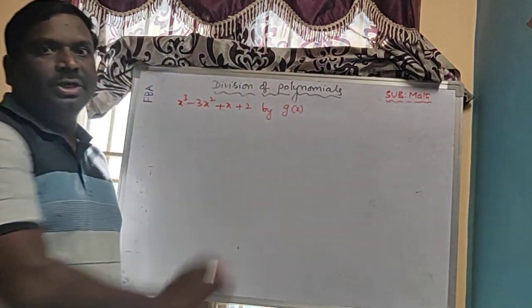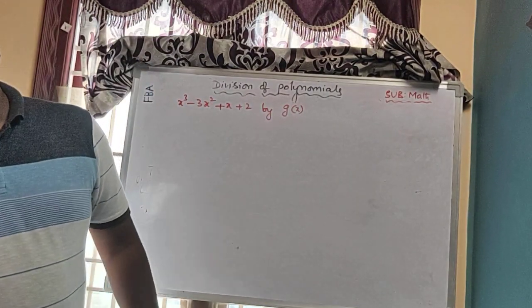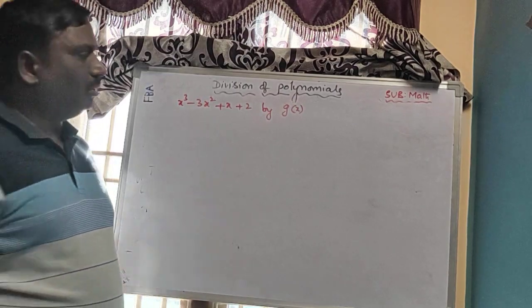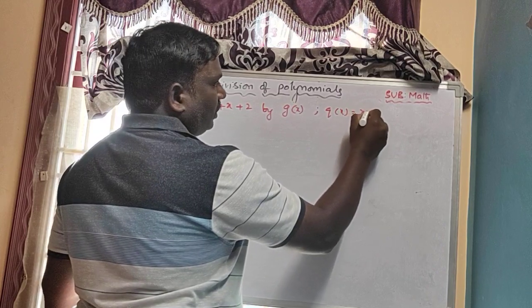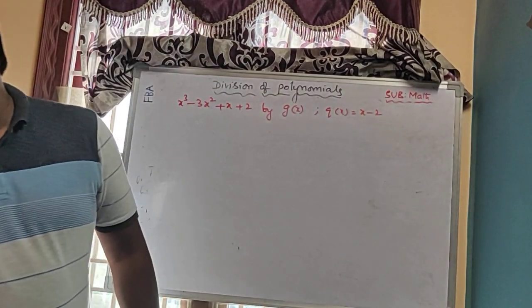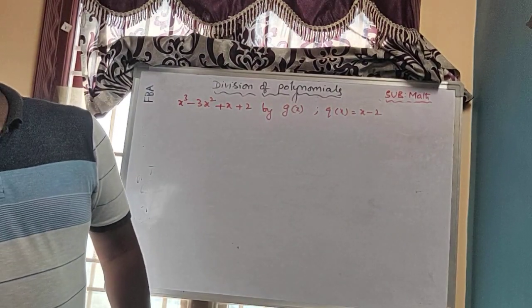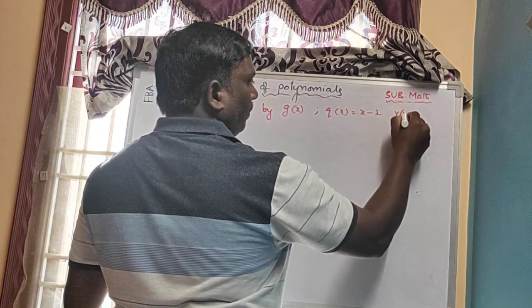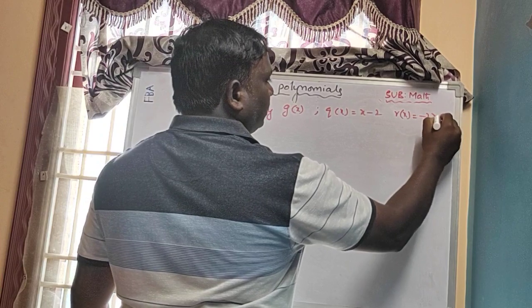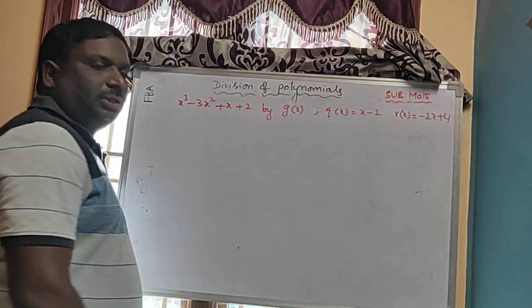So g of x they did not give here. The quotient and remainder were given. Q of x is x minus 2 and r of x is minus 2x plus 4.